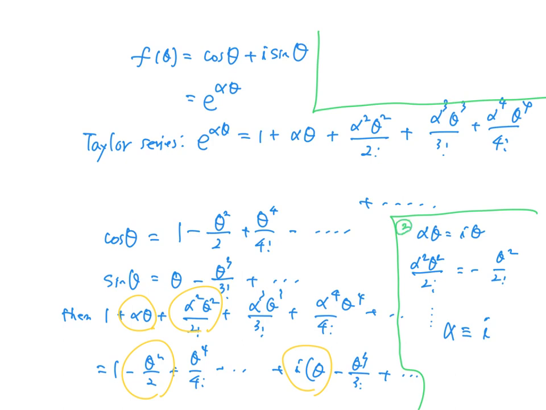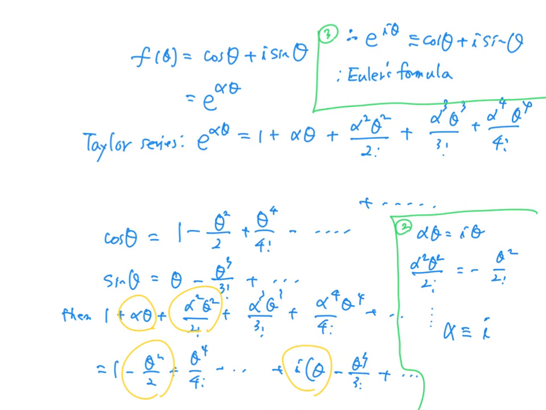So we have a very strange representation of the exponential function. This is page 3. So we have exponential I theta is the same as cosine theta plus I sine theta. It has a name. It's called Euler's formula. So exponential of I theta is the same as cosine theta plus I sine theta.